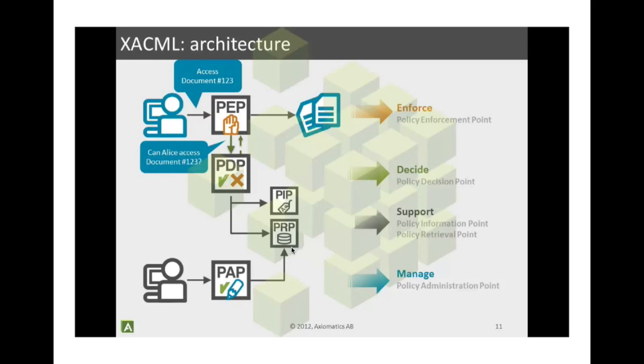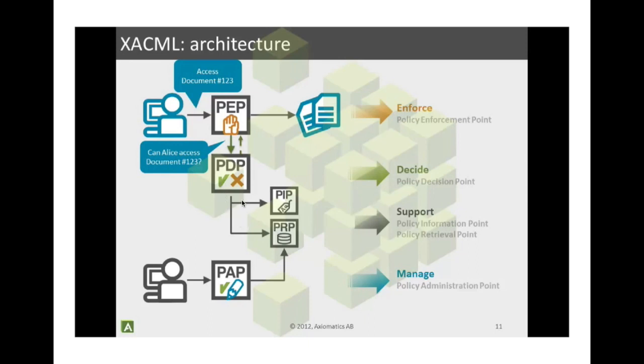And who puts this policy there? There is an administrator who goes to the policy administration point and stores the policy in the policy retrieval point, so that later, if you want to access the policy, you can go through it.